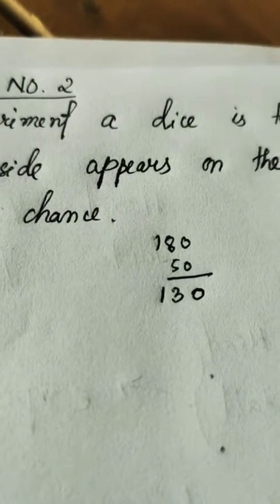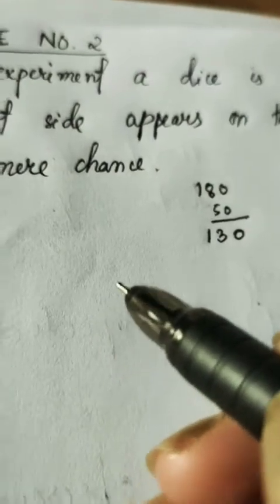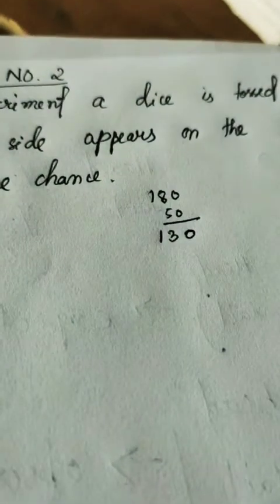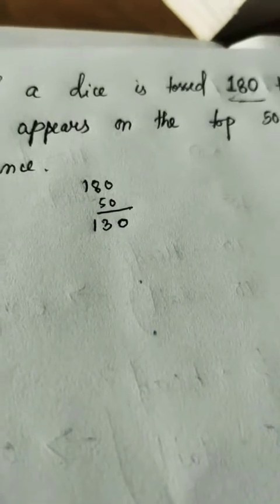So now in this question, when you throw a dice, there are 6 possible outcomes from 1 to 6. But the question here is that when the dice is thrown 180 times, the 5 spot came on top 50 times. So the question is whether it was a mere chance.